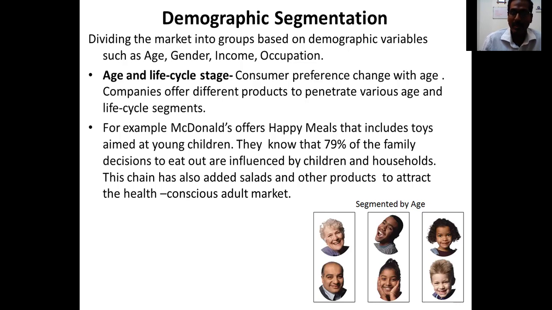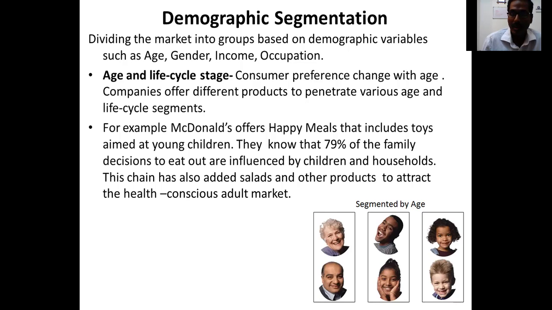So what happens? When they come to know this information through the research, they started targeting the children. So they started advertising what McDonald's offers for the particular week, like toys or something like that.